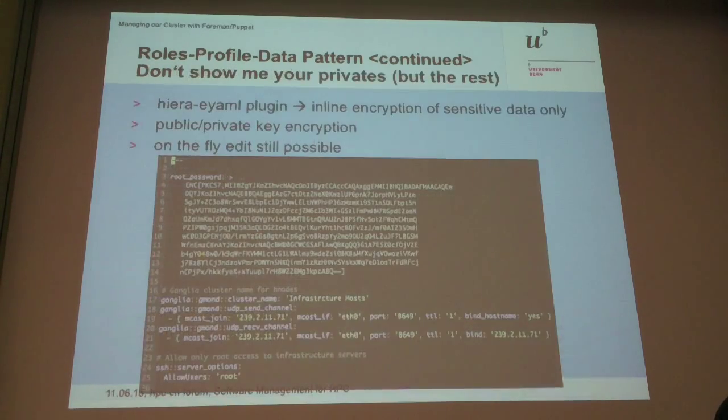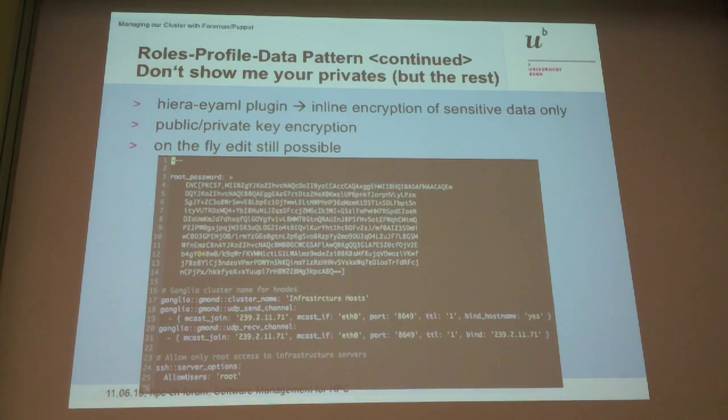Still in hiera, but we encrypt it. That's a nice little plugin for hiera. It's called eyaml. It does inline encryption of sensitive data only, so you still can read the file for most of the stuff, except for those parts that are sensitive, that are closed. It uses public-private key encryption.